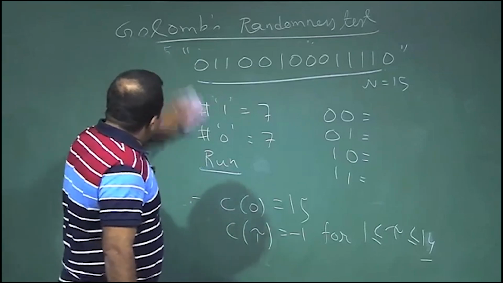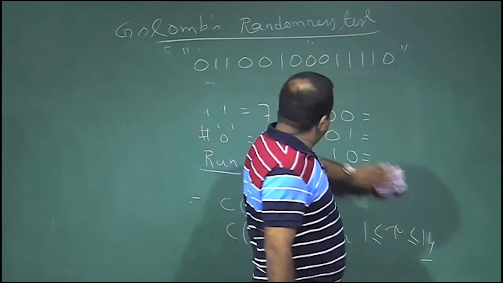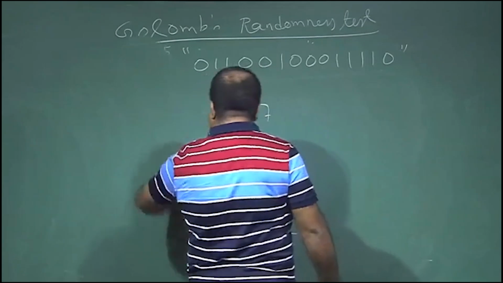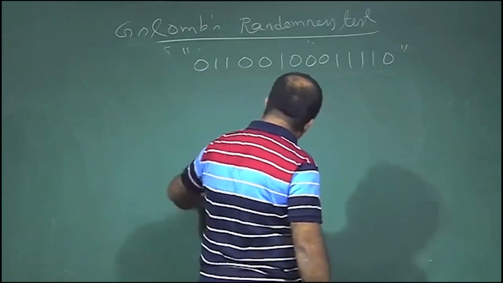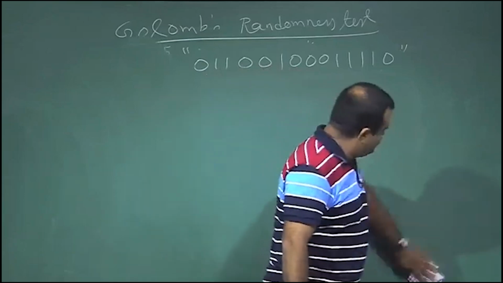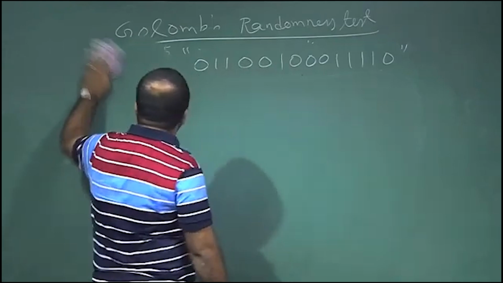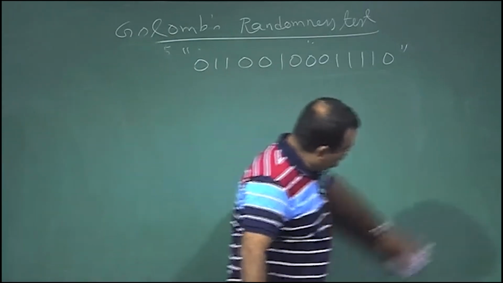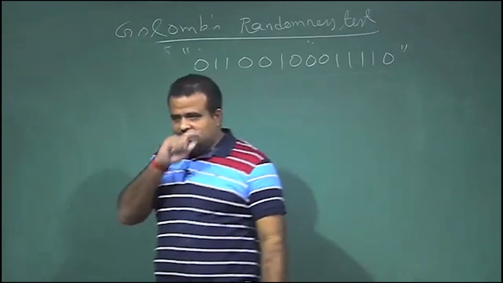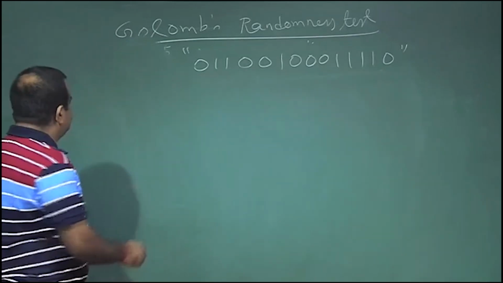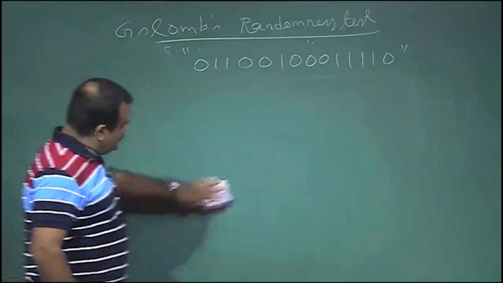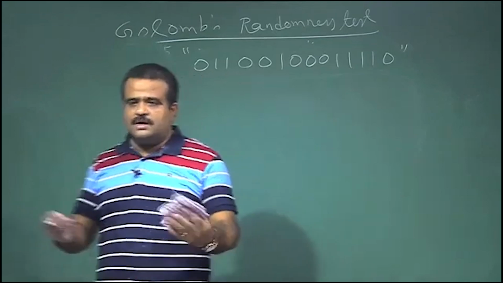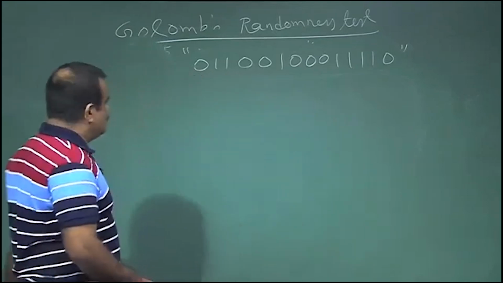Okay, now let us talk about how we can get this sequence. We know we have used the LFSR as a pseudo random bit generator. So, we will see how good a sequence the LFSR is generating.